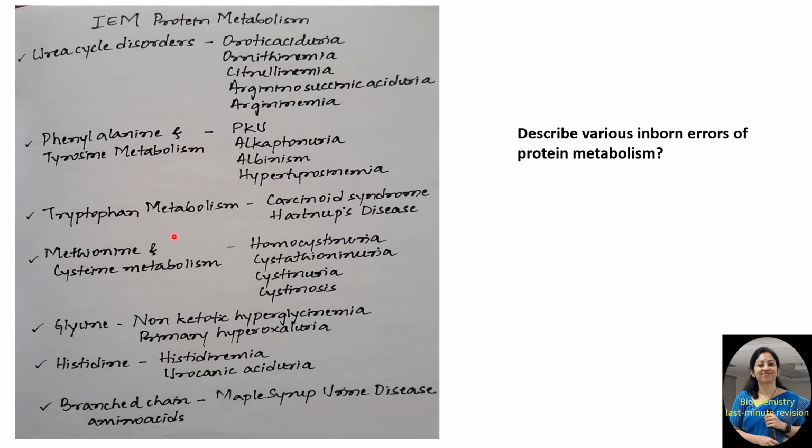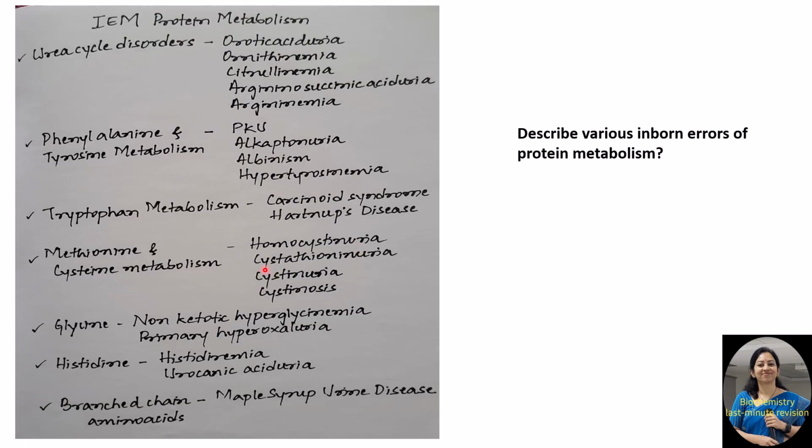Coming to errors associated with tryptophan metabolism, mainly Hartnup's disease, due to a defect in transportation of tryptophan across intestinal epithelial cells and also in the proximal convoluted tubule of the kidney. Carcinoid syndrome, actually it is not an inborn error, but it is associated with tryptophan metabolism. Then coming to errors associated with methionine and cysteine metabolism: homocystinuria due to deficiency of cystathionine beta synthase.